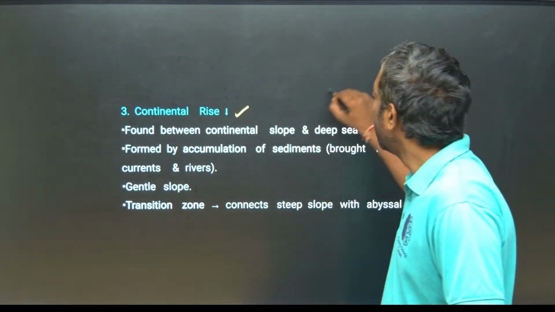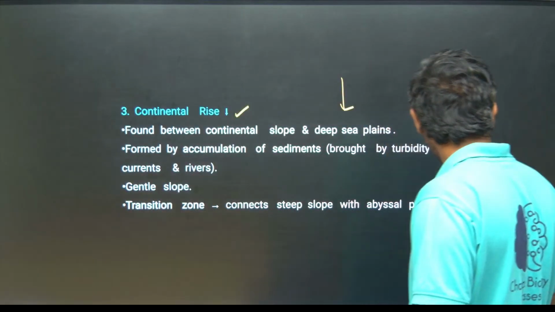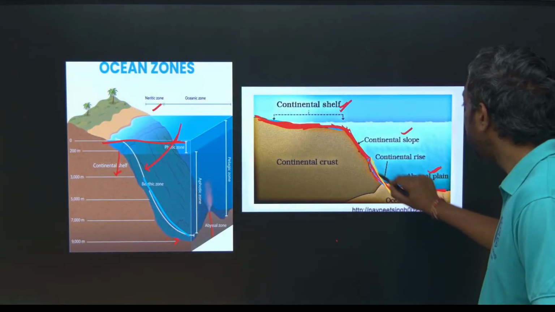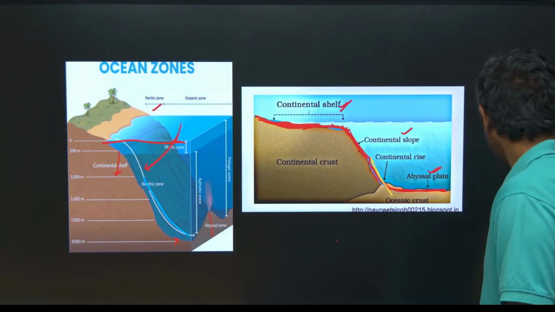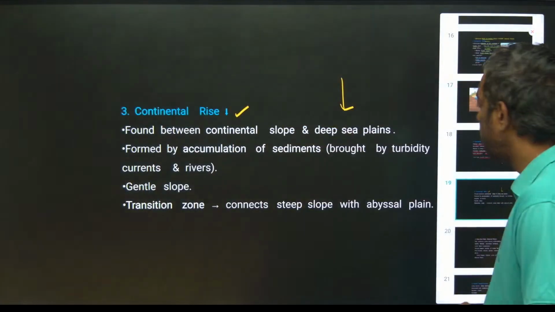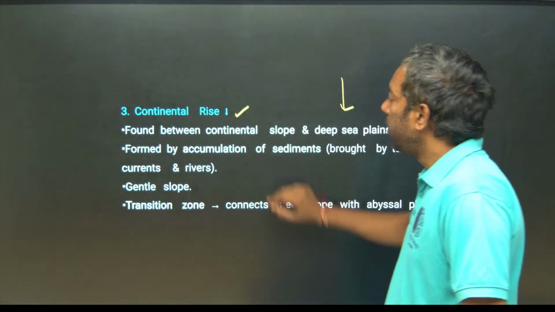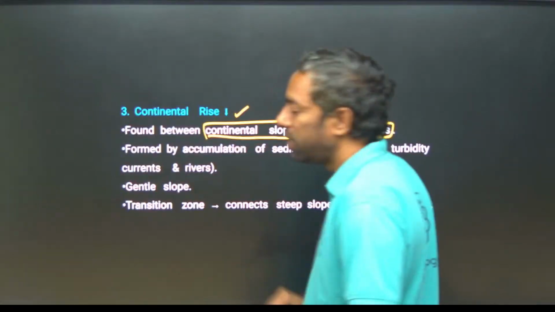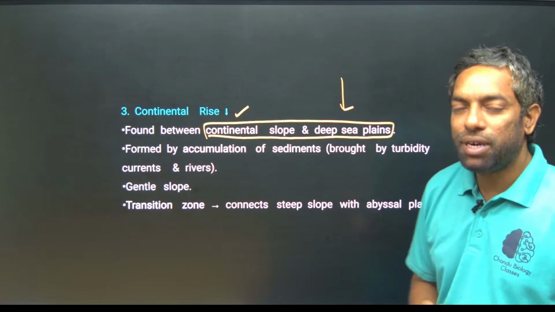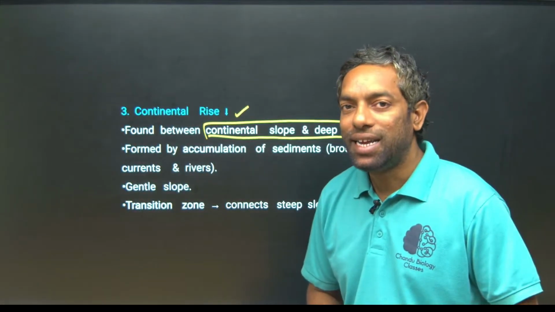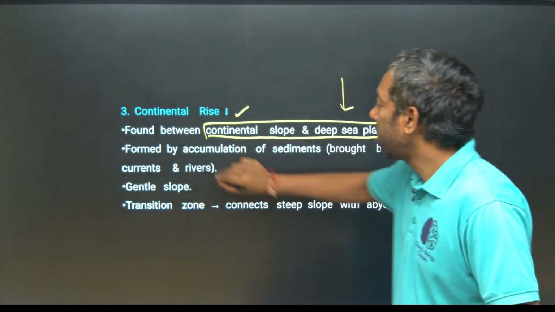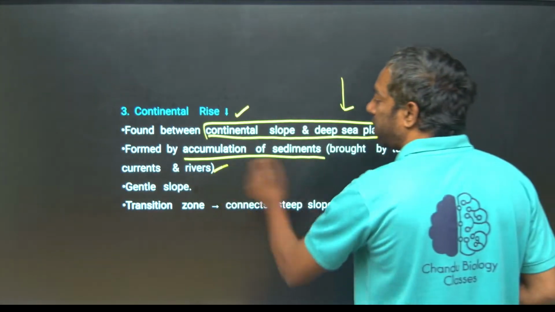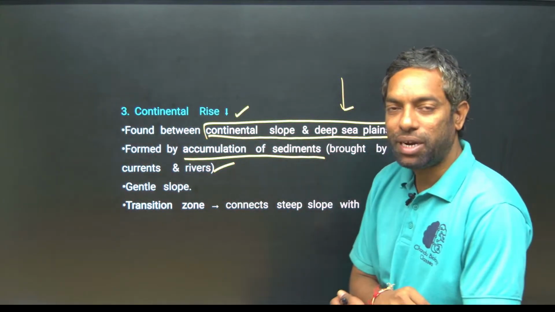Continental rise means the depth increases. It lies between the continental slope and the deep sea plain. It is an accumulation of sediments, which rivers send in many sediment materials, guys.